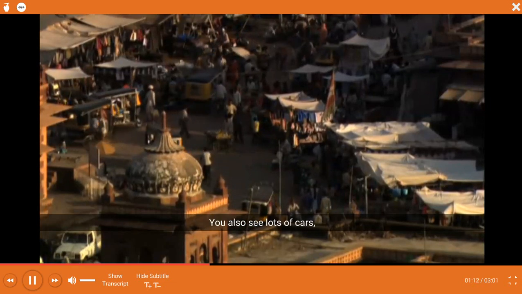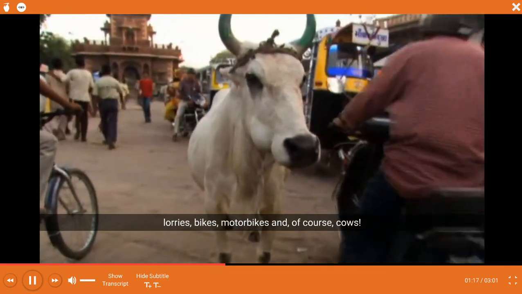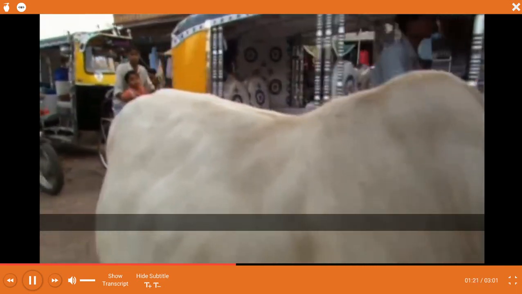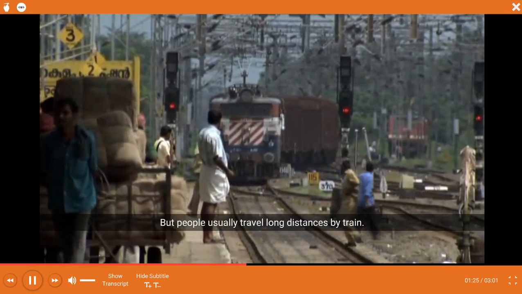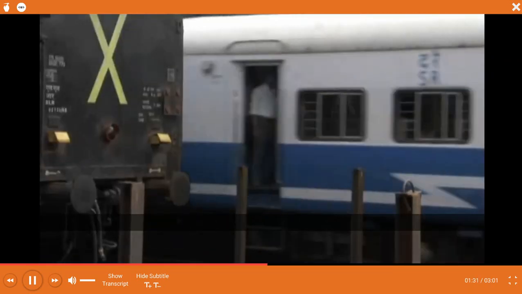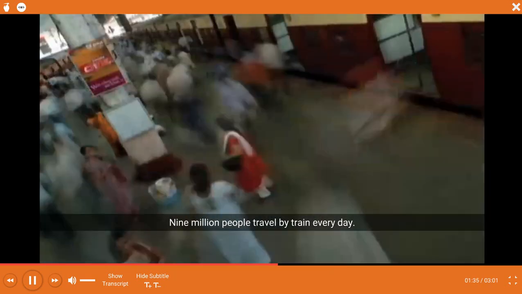You also see lots of cars, lorries, bikes, motorbikes, and of course, cows. But people usually travel long distances by train. Nine million people travel by train every day.